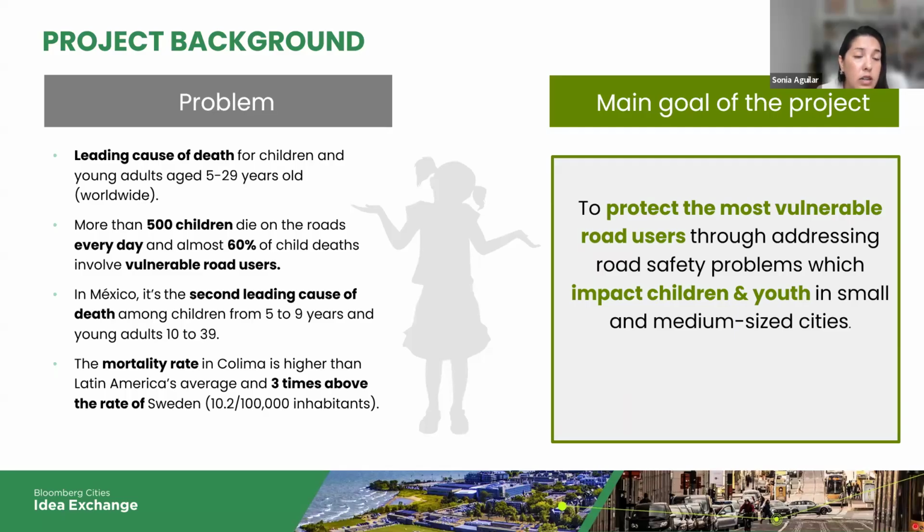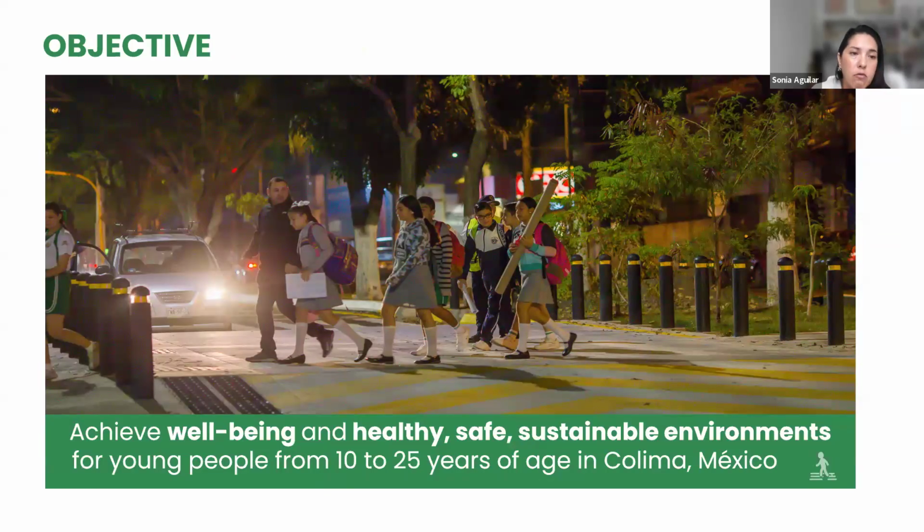The main motivation of this project was not to develop another urban mobility project, but to add a safe mobility project to respond to the problems that the city faced, and to protect and guarantee the rights, needs, and aspirations of a vulnerable population, in this case children and youth. They weren't part of this type of planning exercise before in the city. Regarding our objective, we wished to achieve well-being and healthy, safe, sustainable environments for the young population between 10 and 25 years old.